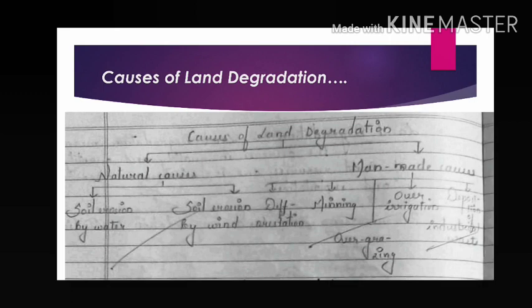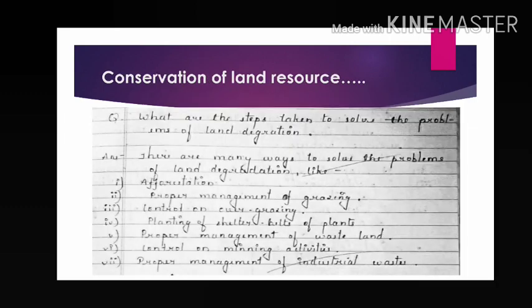So what steps can we take to conserve the land resource, to protect it from degradation? There are so many steps. First point is afforestation, that means planting of plants and trees, because I have already told you, trees protect the land from soil erosion, whether by water or by wind.